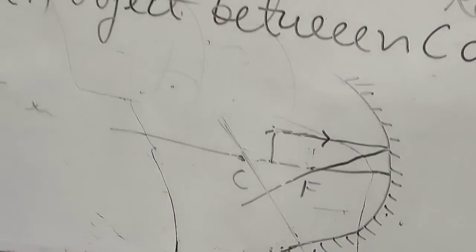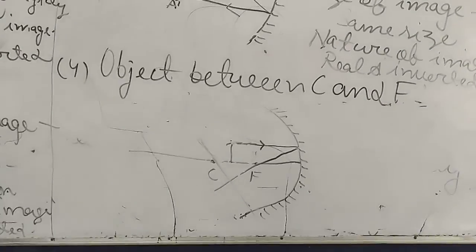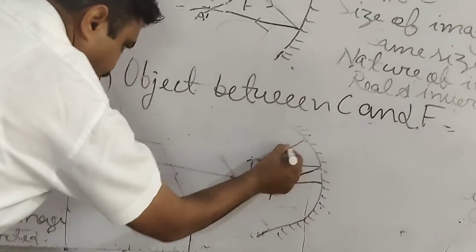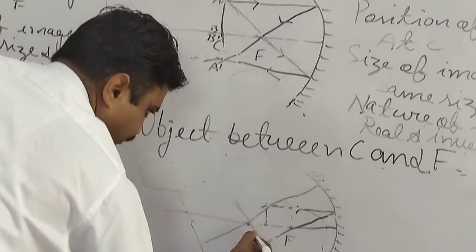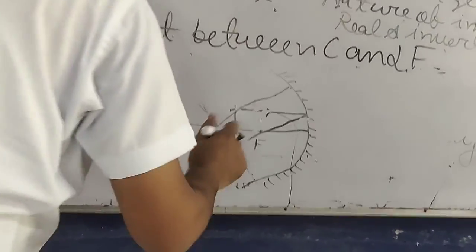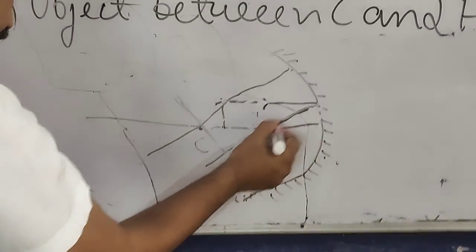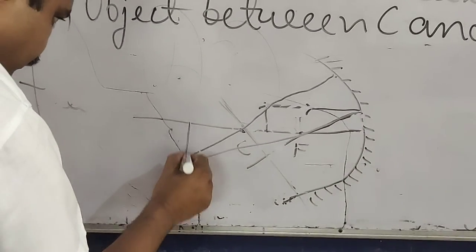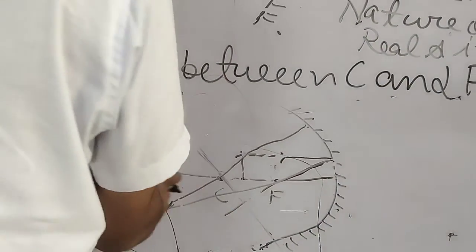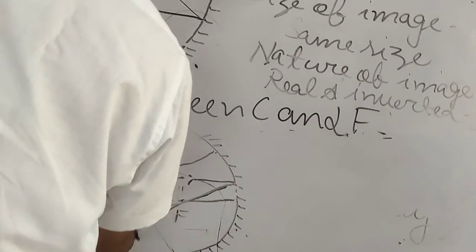From here the ray will be formed, and the image will be formed here. So in this, the image will be formed beyond C.